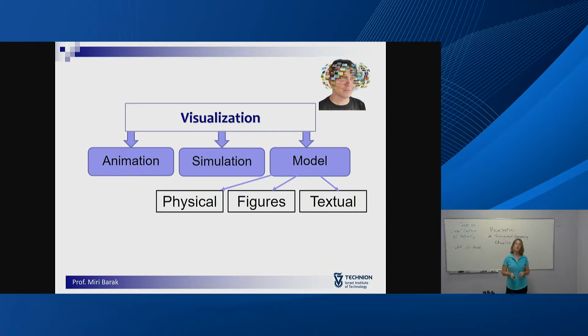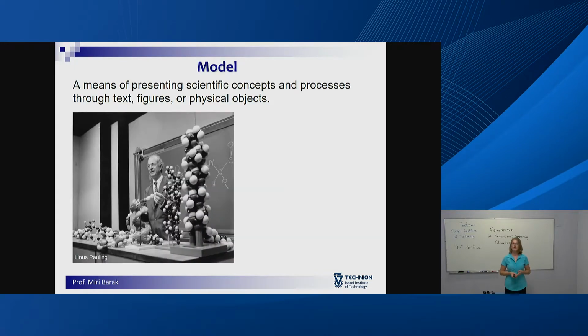When we talk about simulations, we find physical simulations, and also now we have virtual simulations. And when we talk about animations, we usually mean virtual animations. So let's dwell more deeply into each one of these types of visualization.